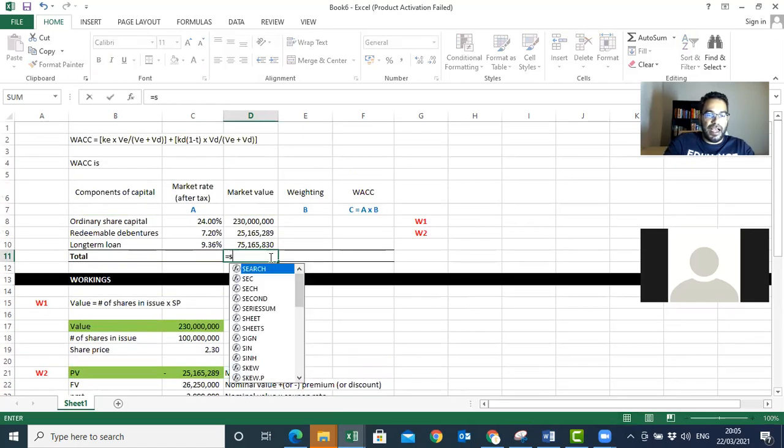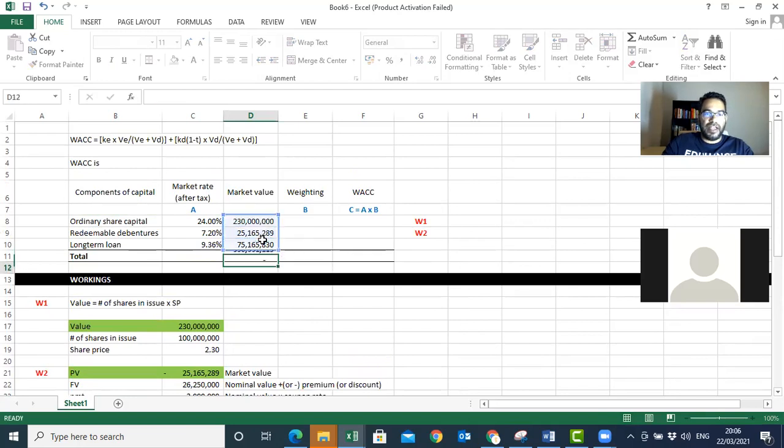Now I can add up all of these market values. So that total, the 330, is my total capital structure. That is my total long-term source of finance. To get my weighting, value of equity divided by total capital structure, which is 70%.